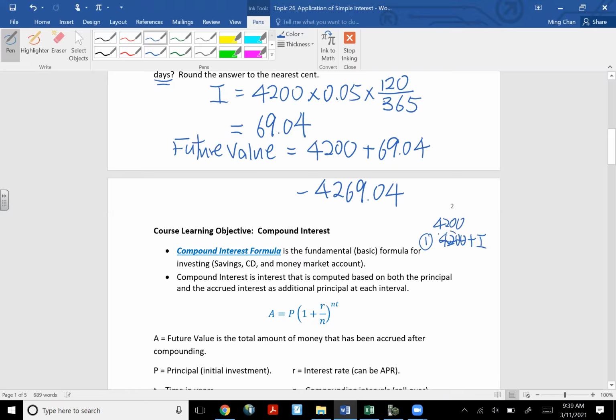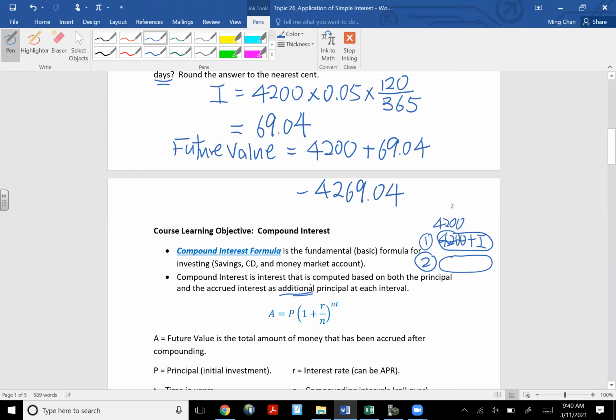Then you take this entire amount and roll it into the second year. At the end of the second year, you will have even more money, because you earned additional interest, plus the interest you earned in the first year. All that is added on to the principal. That's why it says it is computed based on both the principal and the accrued interest as additional principal.